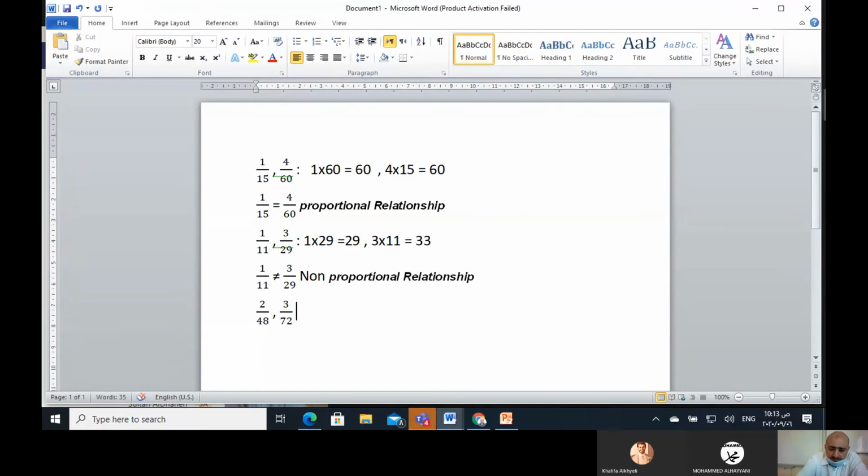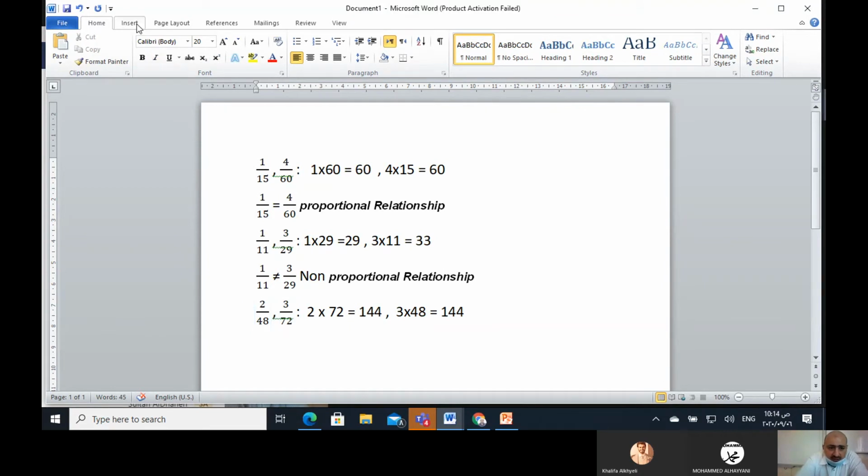Now, how to check? Cross multiplication. Take 2 times 72, which is 144. Take 3 times 48, which is also 144. So 2 times 72 equals 3 times 48.